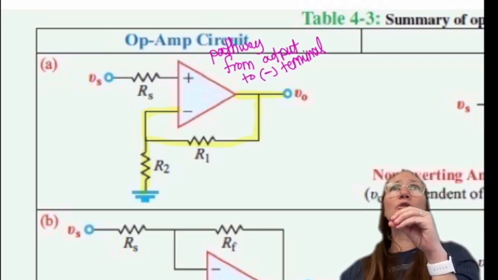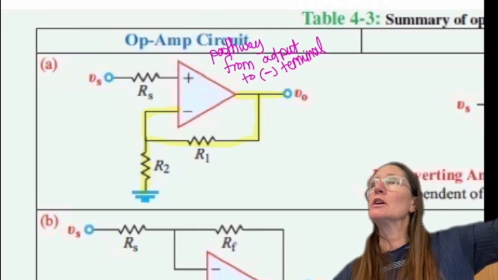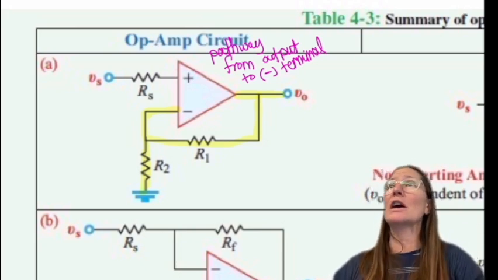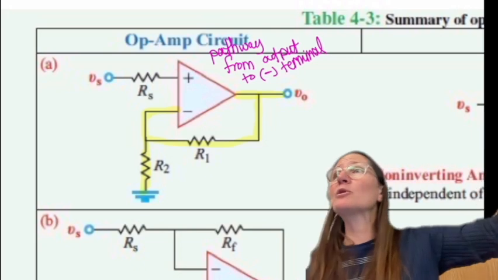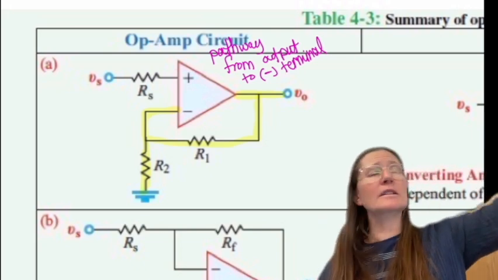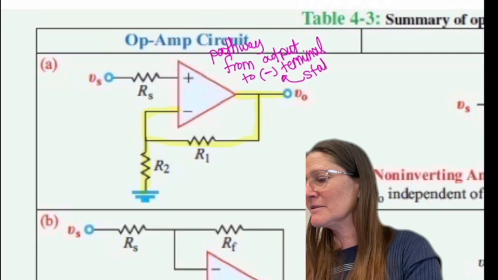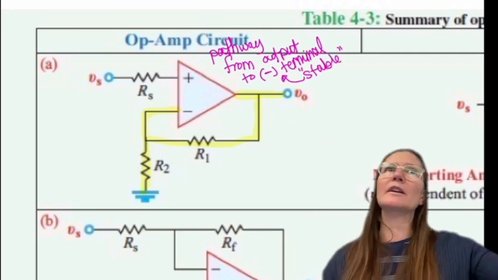It's the classical control systems, and they talk about op-amps that actually are not stable. And so they have ones that have feedback back to the positive side and how they're used and why. So we're only going to look at what we call stable systems, which always have the feedback go back to the negative side. So these are stable circuits. So it always will go feedback into the negative side.